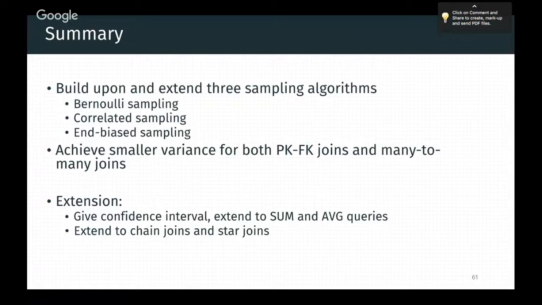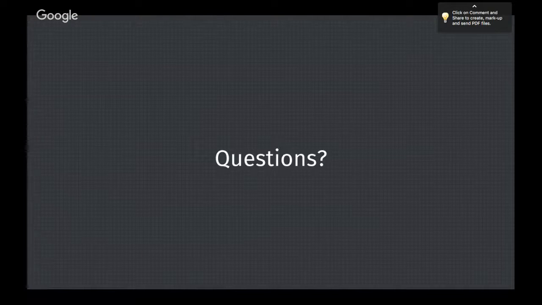And we also give confidence intervals for our estimator. So when the algorithm gives you an estimate, you know how good it is. And we extend our method to support sum and average queries. And we extend our method to chain joins and star joins. So that is all. Thanks.